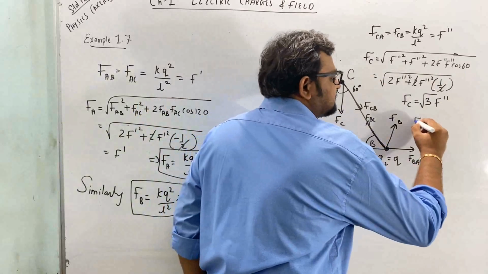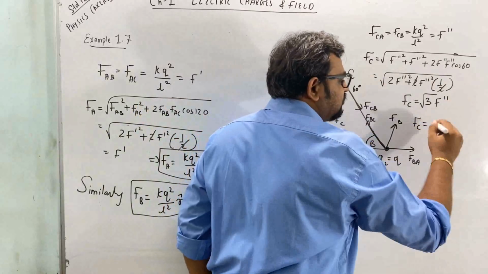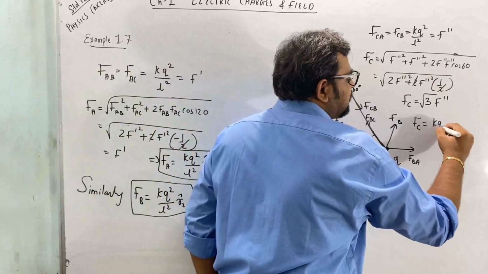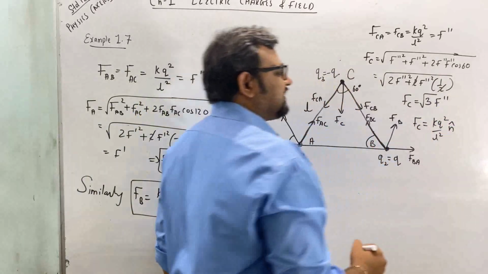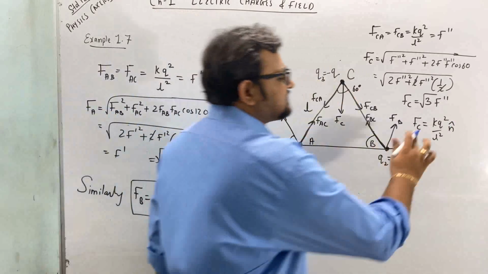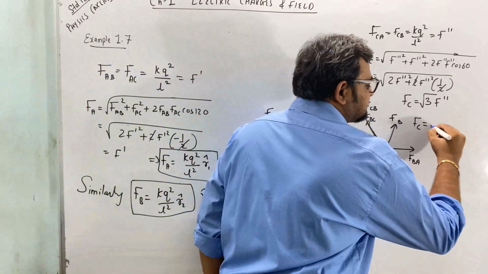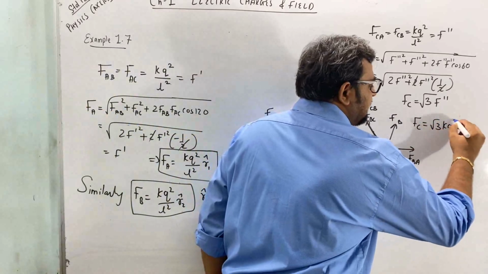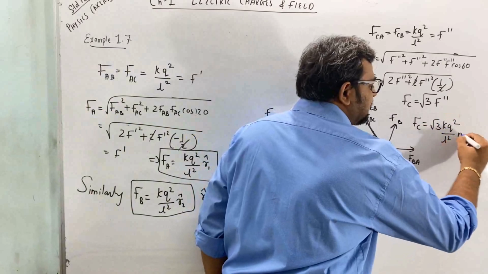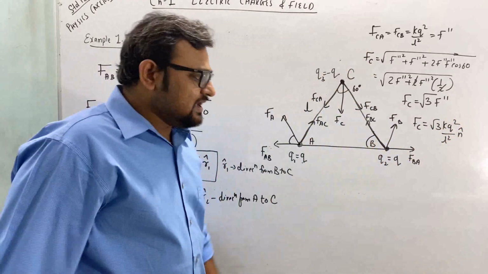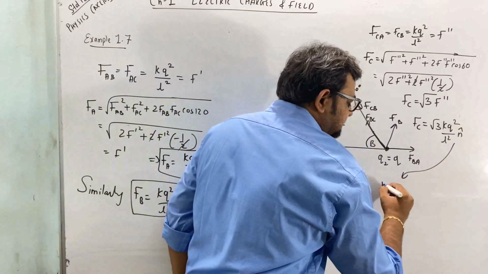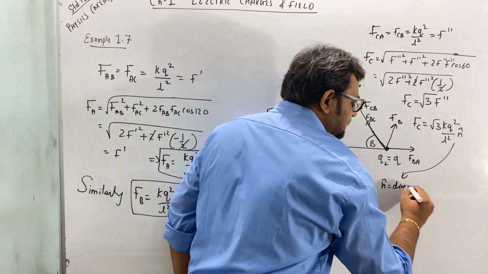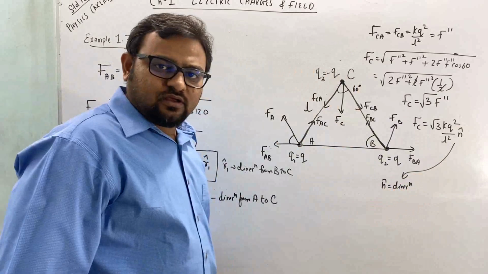So FC will be equal to root 3 times k q square by L square, into unit vector n. Now what is n? Here I am writing this. It is which direction?